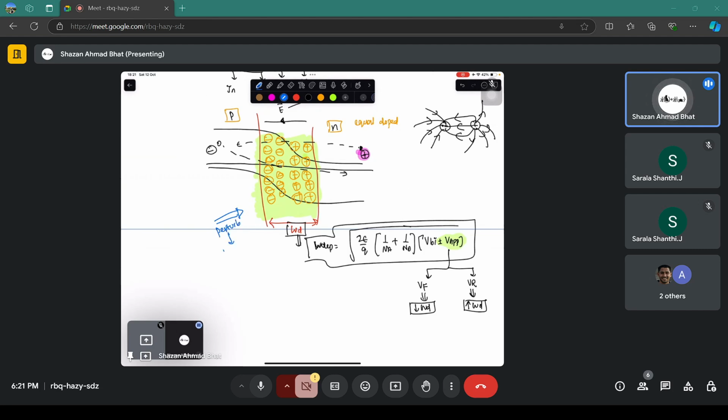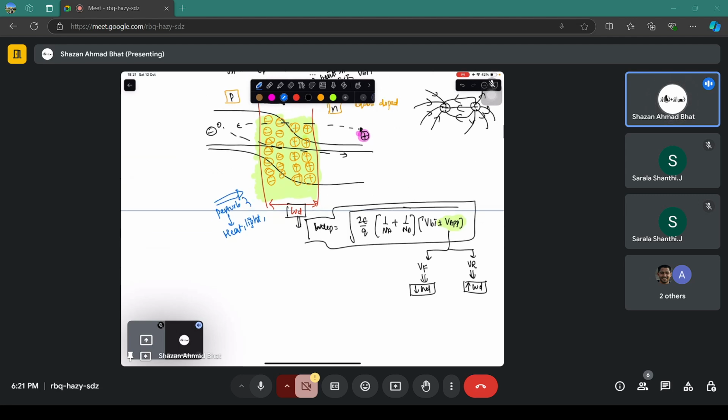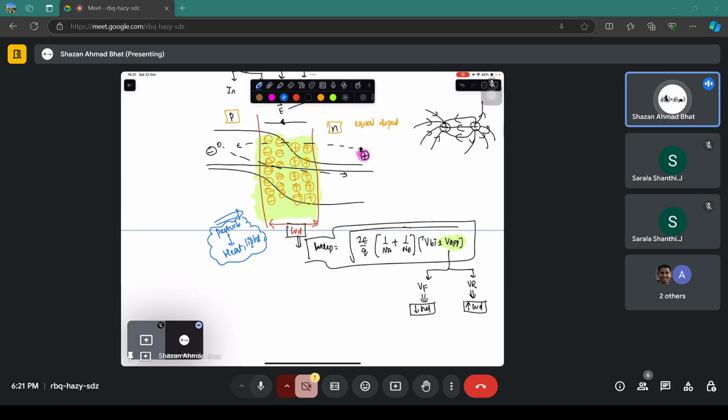This can be, let's say, heat, light, or any other external disturbance to this system. It is going to generate electron hole pairs. Let's say, for example, in the depletion region an electron hole pair gets generated. We are just assuming it's getting generated in the depletion region. It can happen throughout. An electron hole pair can be generated here, here, or at this particular position.